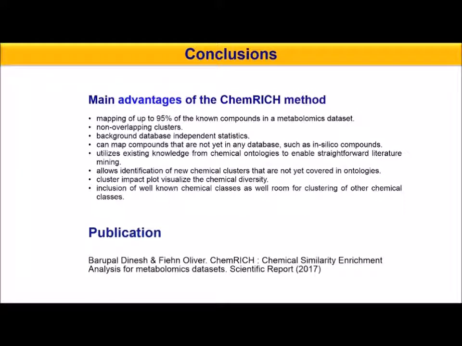The cluster impact plot visualizes chemical diversity and lipophilicity, which is helpful in biological interpretation of a metabolomics data set. Overall, it includes well-known chemical classes, and we have as well room for clustering of other chemical classes. ChemRICH has been published in the journal Scientific Reports.